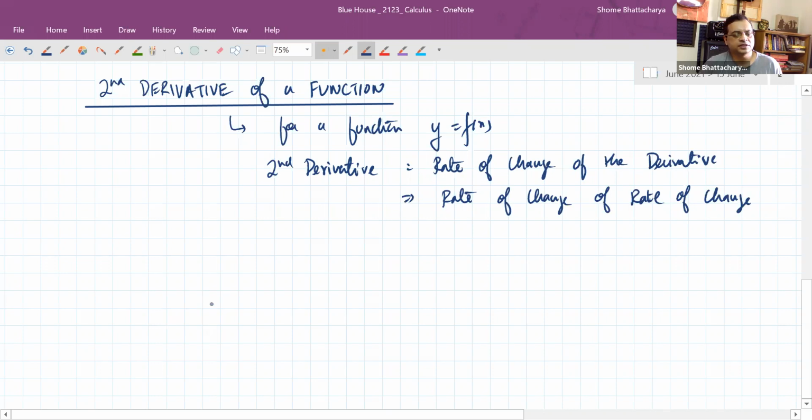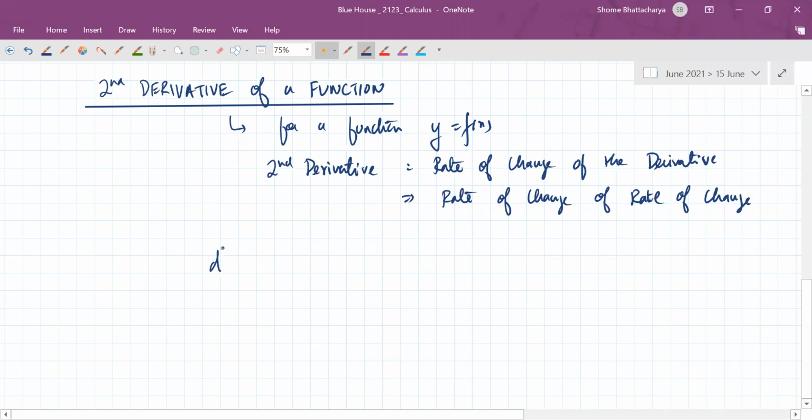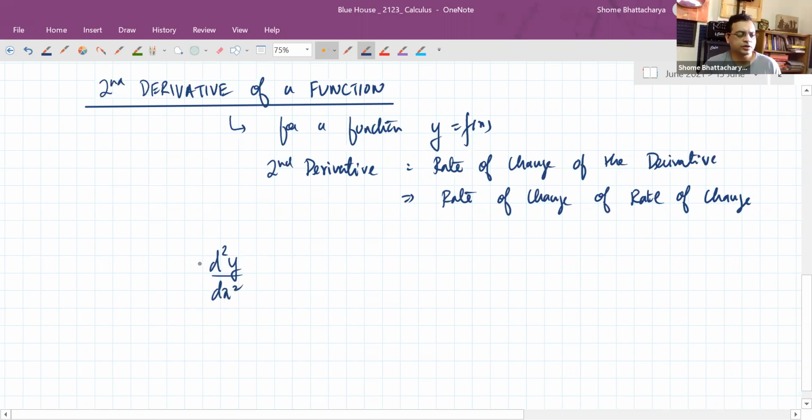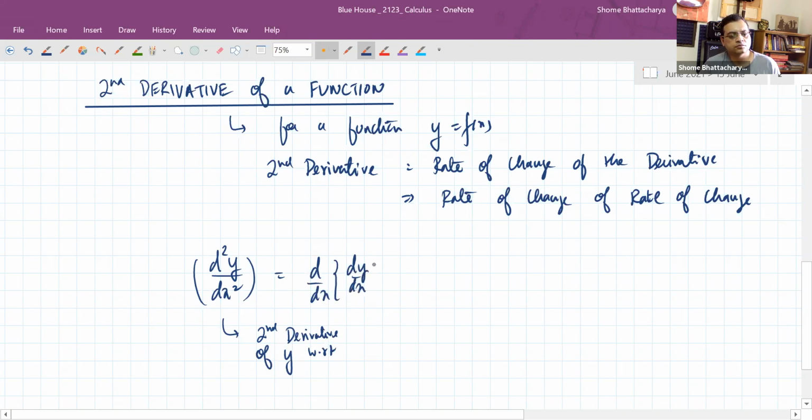So this is given a special symbol. This symbol, we read it as d2y by dx square. Okay. And it is basically the second derivative of y with respect to x. So that is nothing but rate of change of the rate of change. So in other words, for y is equal to f(x), we write the derivative as f prime x.